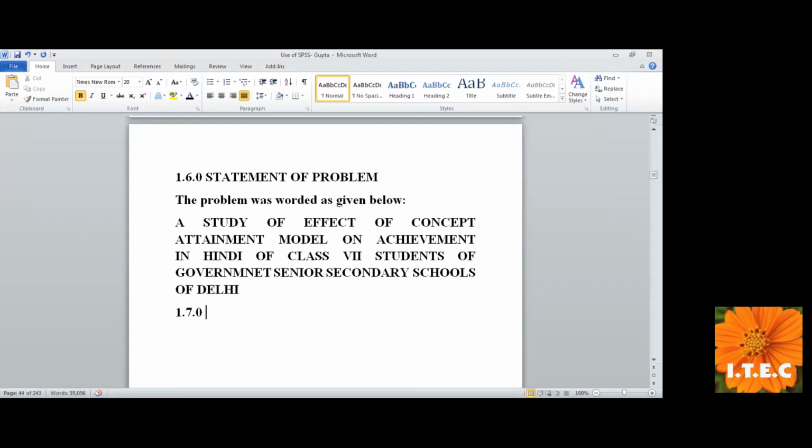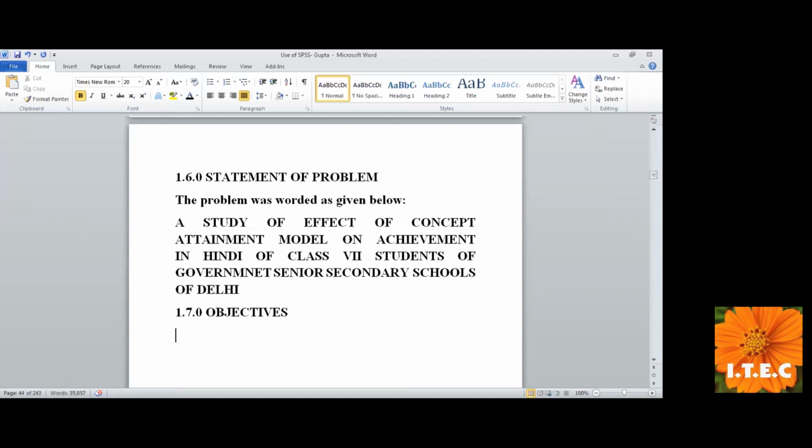Now, 1.7.0 will be your objectives. These objectives, my dear friend, you must have written in your proposal. And this proposal was approved by the members of the committee, which is called RDC, Research Degree Committee.